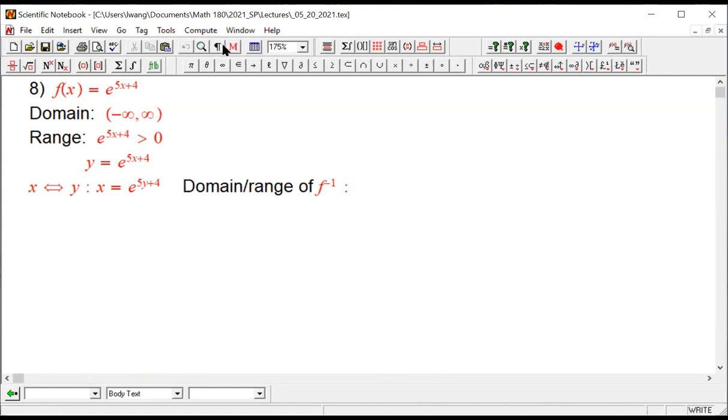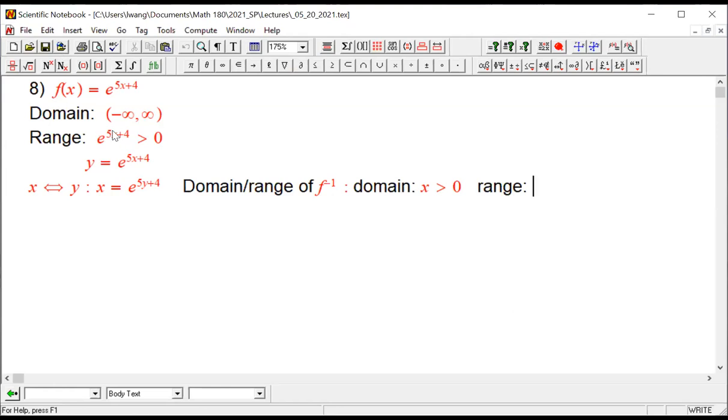And what will be the domain? The domain is x larger than 0. The output was larger than 0, so now the input must be larger than 0 for the inverse function. And what's the range?